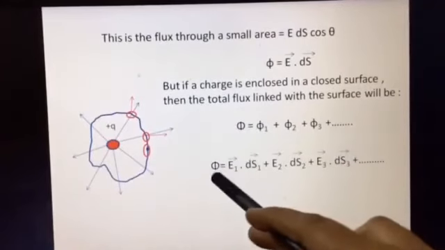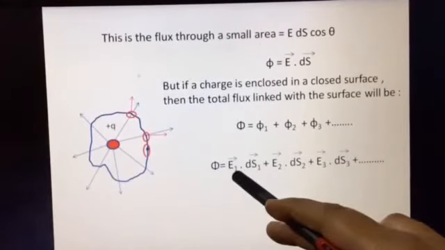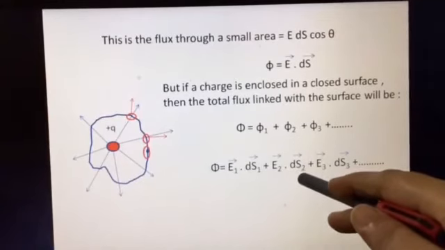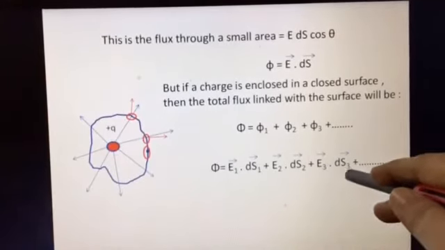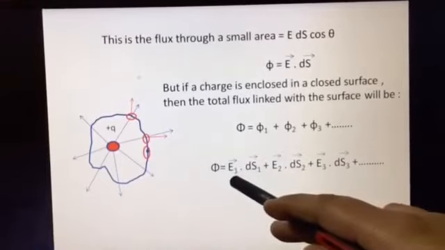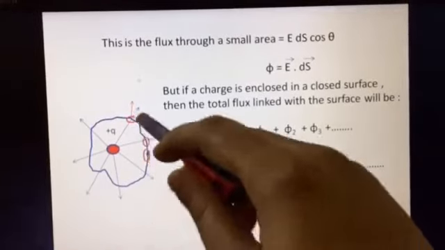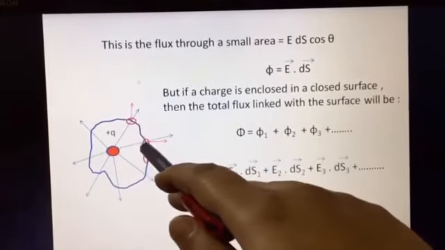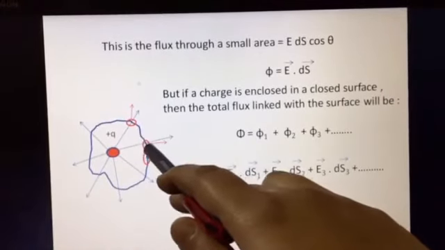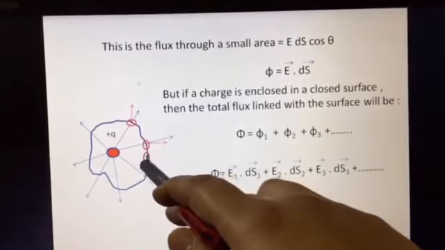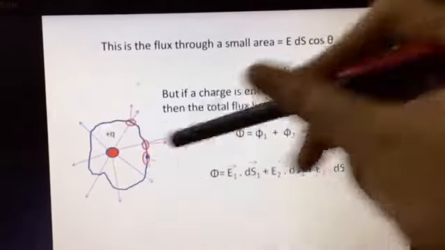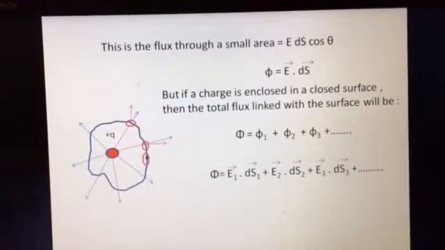So I get phi is equal to E1 bar dot ds1 bar plus E2 bar dot ds2 bar plus E3 bar dot ds3 bar. What is E1? E1 is the electric field at this area ds1. E2 is the electric field at ds2, E3 is the electric field at ds3, and so on. We consider all the areas that make up this entire closed surface.